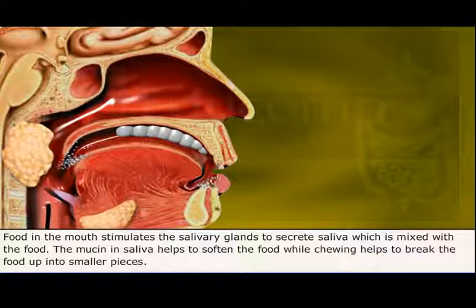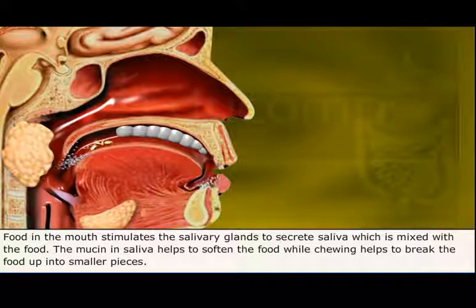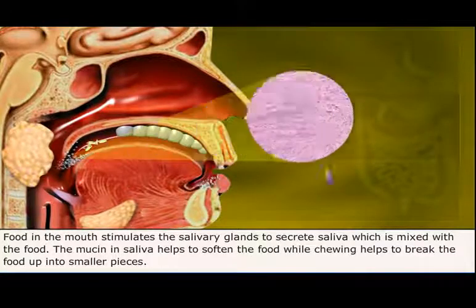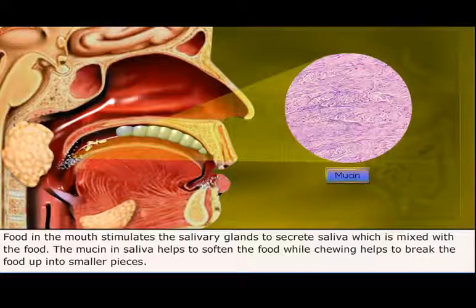Let us first look at the chemical digestion which begins in the mouth. Food in the mouth stimulates the salivary glands to secrete saliva which is mixed with the food. The mucin in saliva helps to soften the food, while chewing helps to break the food into smaller pieces.